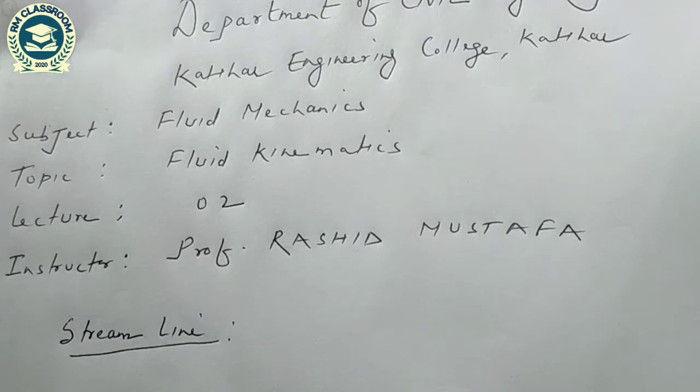So the equation of streamline is dx by u is equal to dy by v is equal to dz by w, where u, v and w are the velocity components in the x, y and z directions.